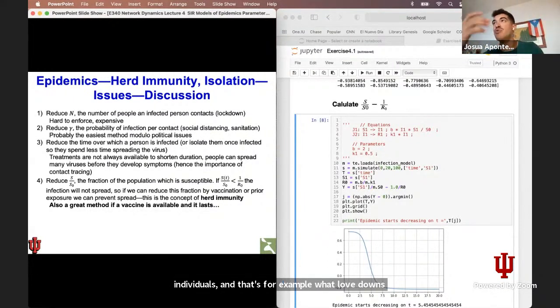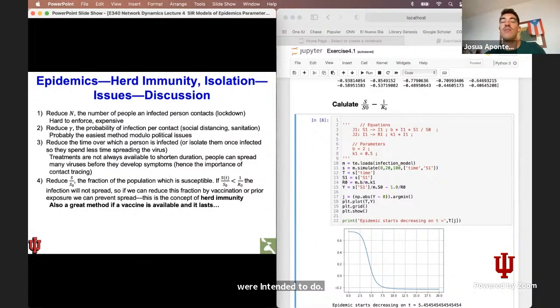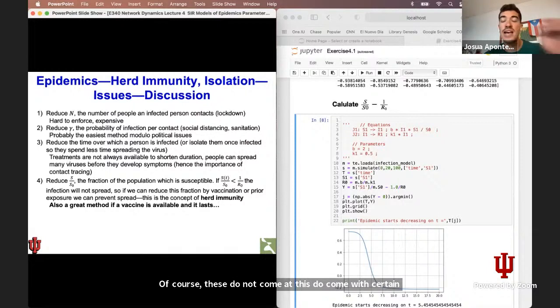Of course, these do come with certain societal costs. For example, lockdowns are highly effective, but they are also very expensive. And depending on the part of the country you are in, say in the US, they might be harder to enforce. We can also reduce the probability of an infectious event per contact, even if we don't reduce the number of contacts between individuals.